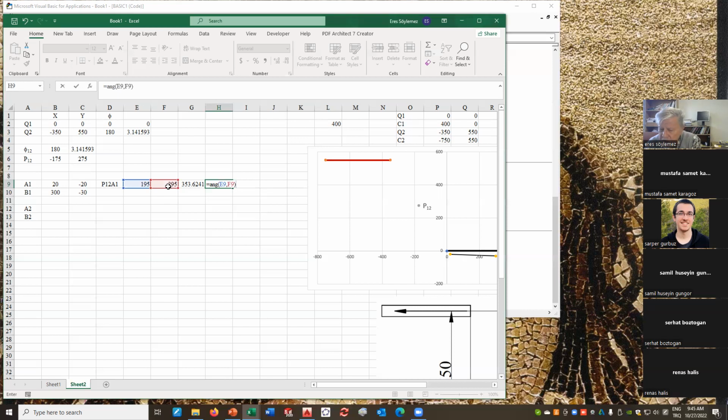It is the angle the vector makes, conversion from Cartesian coordinates to polar coordinates. That is in radians; what is this in degrees? This value divided by d dash r. Okay, 303 degrees. As you can see, this angle makes 303 degrees from the positive x-axis.